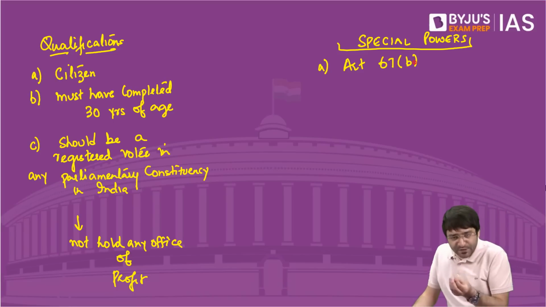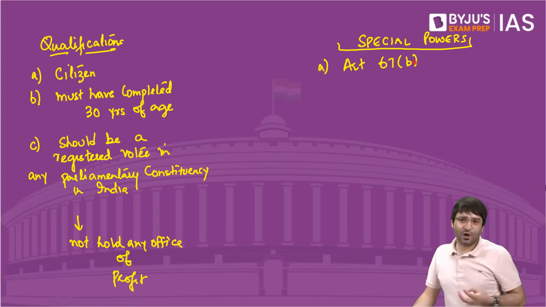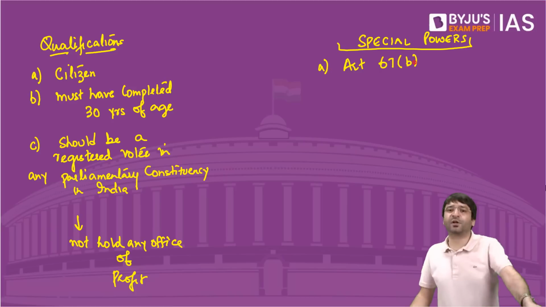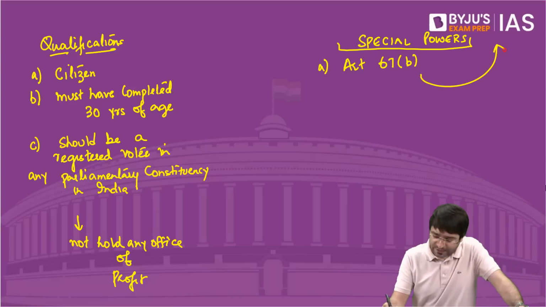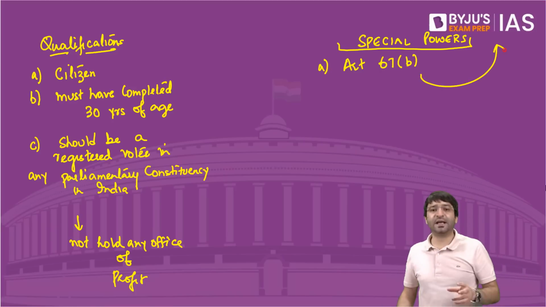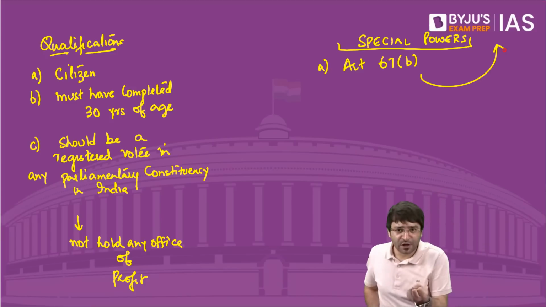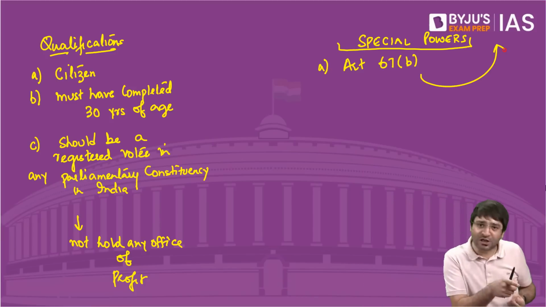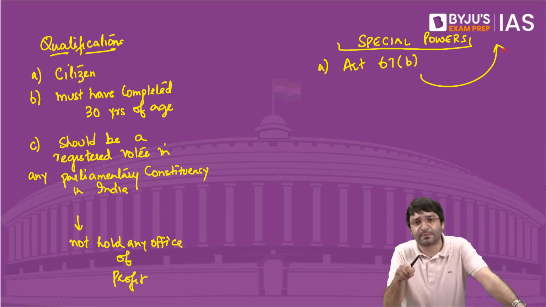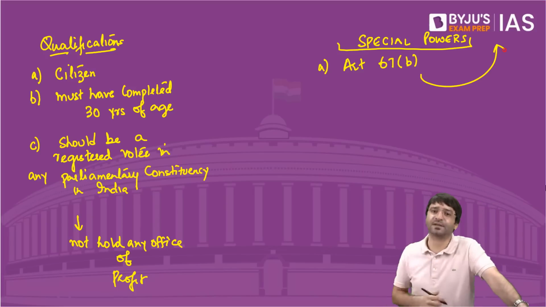But where can we introduce this resolution? Who can initiate the process of the removal of the Vice President? Only Rajya Sabha. That is why we say it is the special power of the Rajya Sabha. Because this resolution calling for the removal of the Vice President cannot be initiated in Lok Sabha, it can be initiated only in Rajya Sabha. That is the special power of Rajya Sabha.